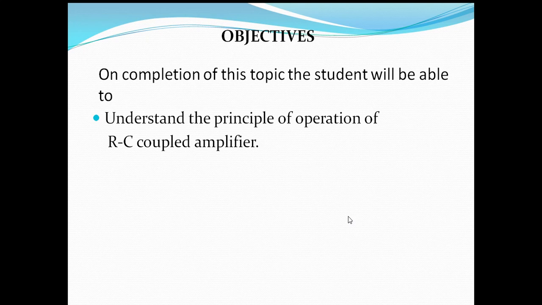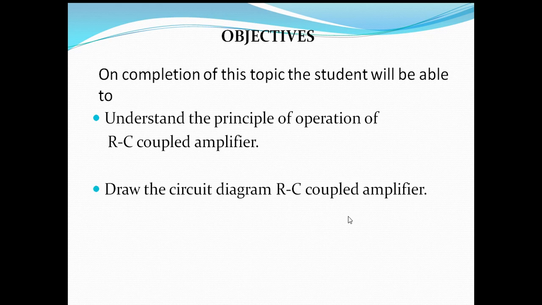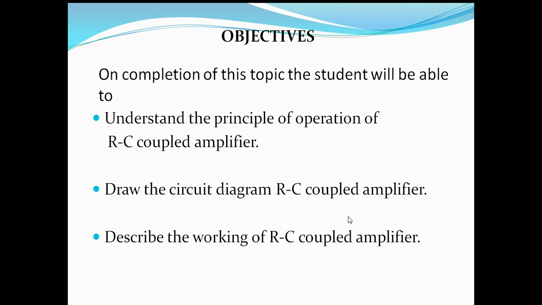Next, we can elaborate these coupling techniques by considering circuit diagrams. After completion of this topic, students will understand the principle of operation of the RC coupled amplifier, draw its circuit diagram, and explain its working.